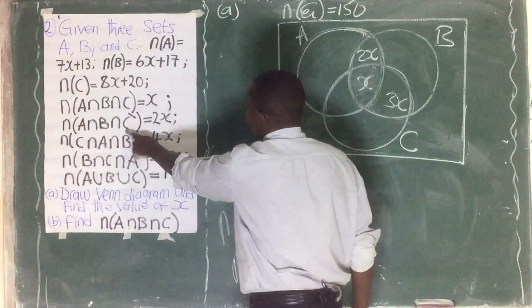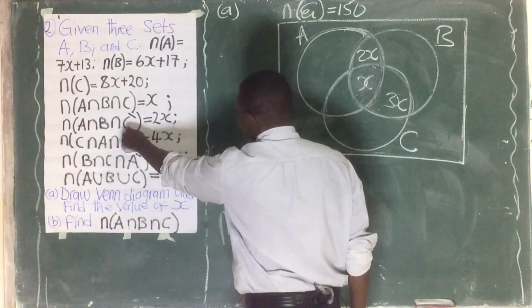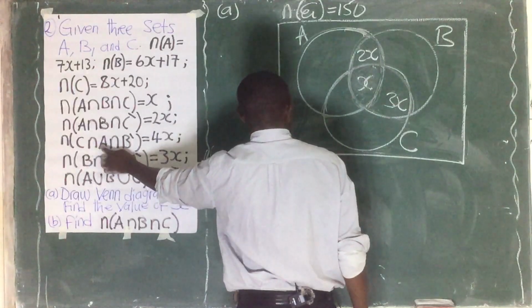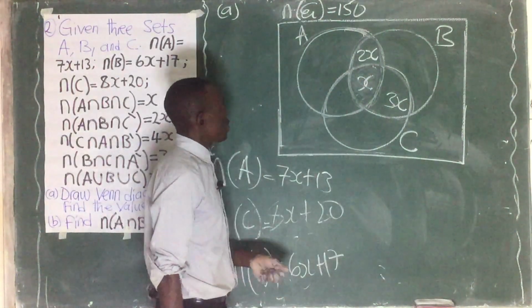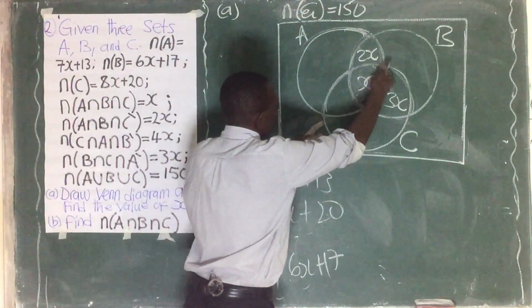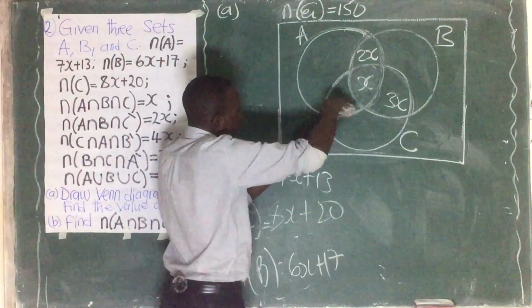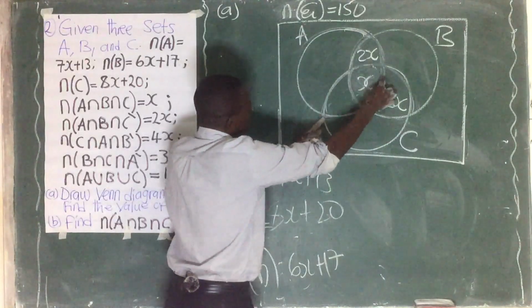This one has already been featured, but now let's look at this one here. C intersection A. Where is it? We talk of circle C and circle A. The intersection of A and C is this one here.